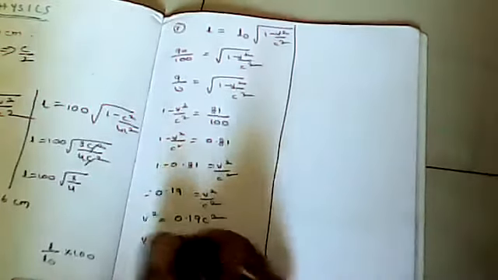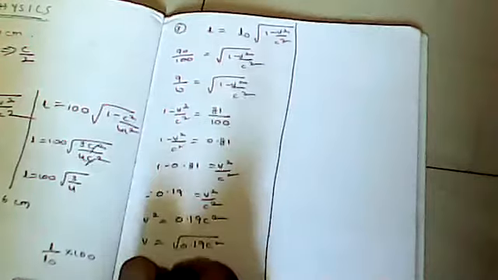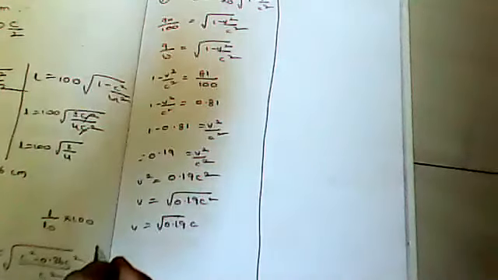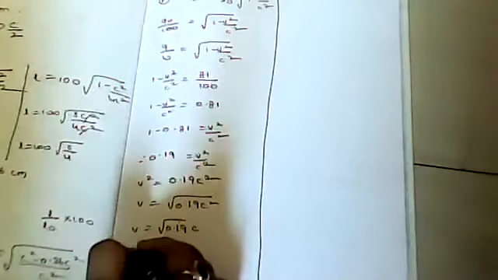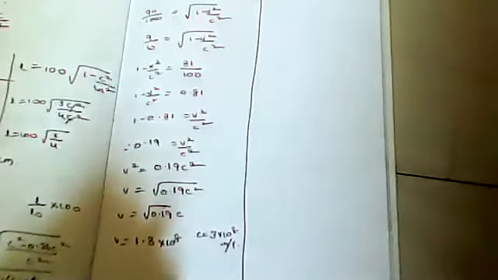V is equal to root of 0.19 C square. So V is equal to root of 0.19 times C. If we calculate, what we get is 1.3 into 10 raised to 8 units, meter per second.